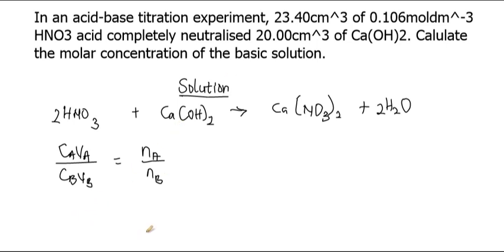Let's continue. After writing the formula we'll be using, the next thing to do is to write out the values given. This makes the work easier. When solving any calculation of this format, the best thing to do after writing out the formula you want to use is to write out the given values so as to identify the unknown. So here we have Ca to be 0.106 mol per dm³.